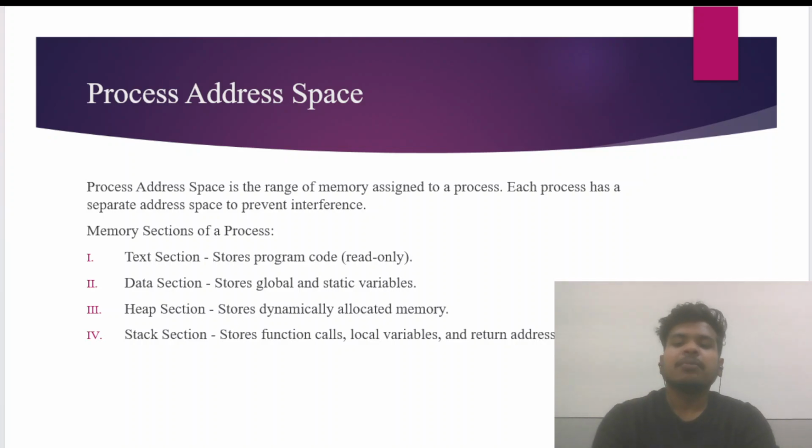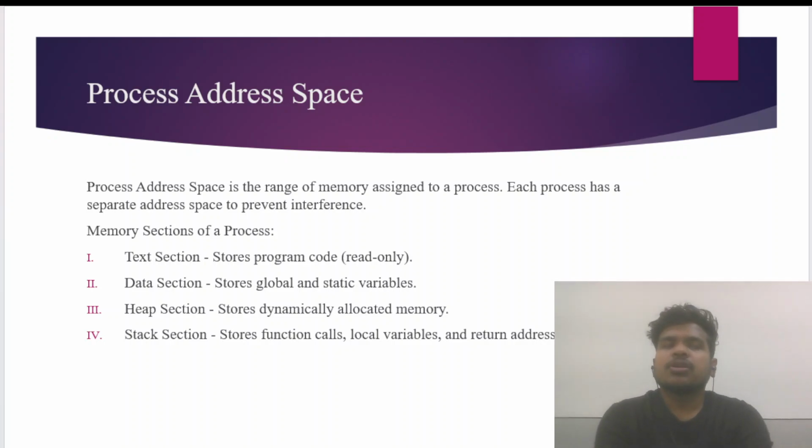After that, we have the heap section. The heap stores dynamically allocated memory, that is, memory allocated using malloc in C. I hope you have all used malloc in C for memory allocation. Then we have the stack section. The stack stores function calls, local variables, and return addresses.